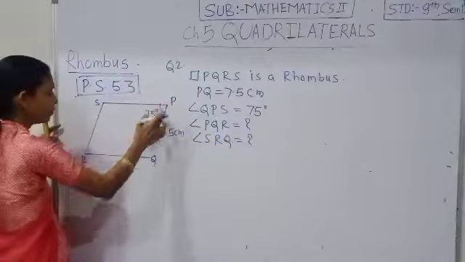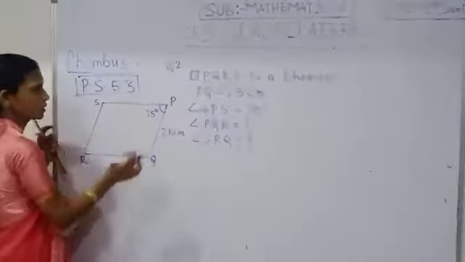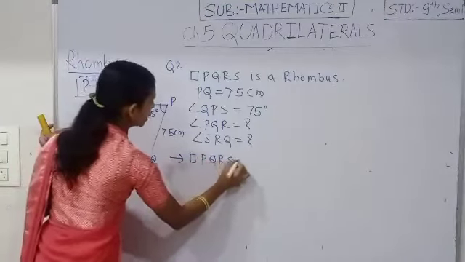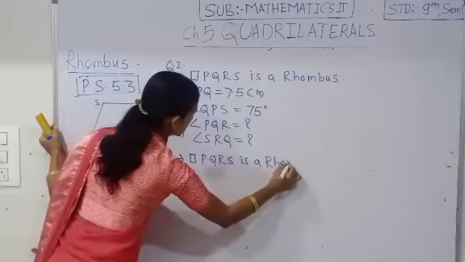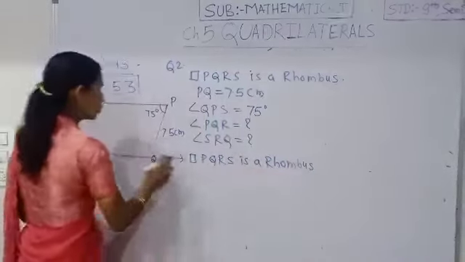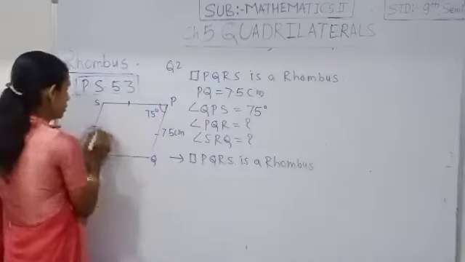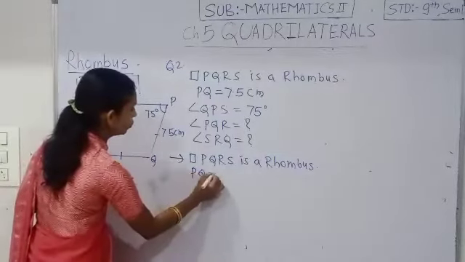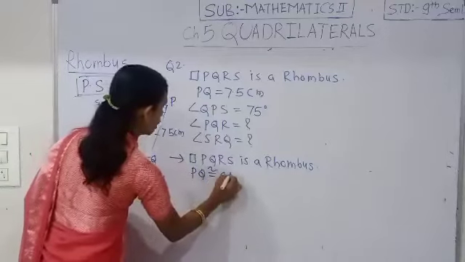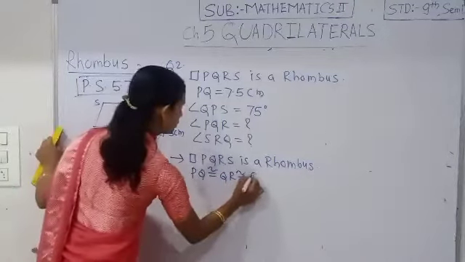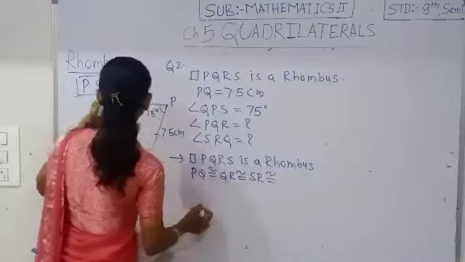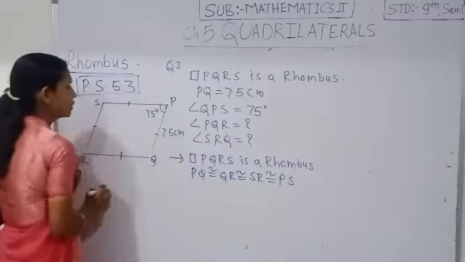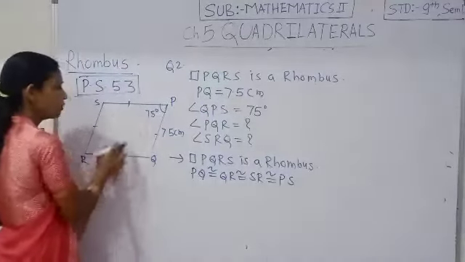From this given property we can write a few concepts related to that rhombus, that is PQ congruent QR congruent SR congruent PS, and PQ is given as 7.5 cm, but all sides of a rhombus are congruent.